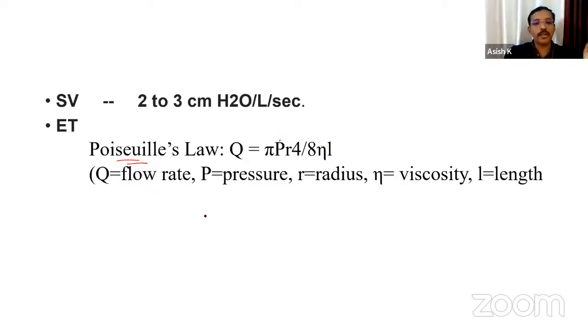The take-home point here is that whenever you have a tube, the most important factor contributing to the resistance is the radius.